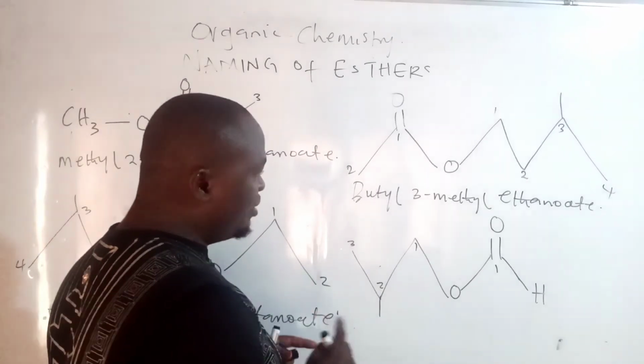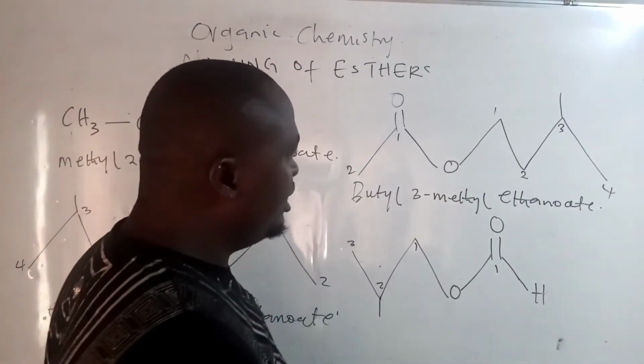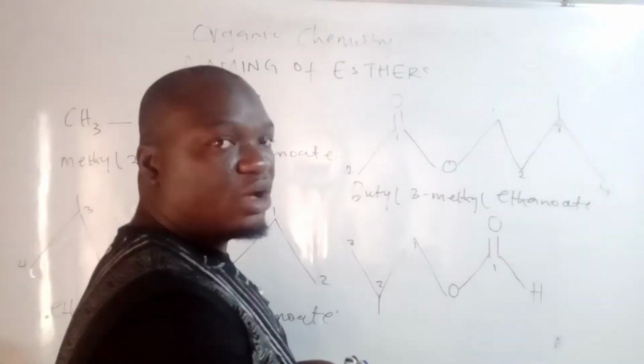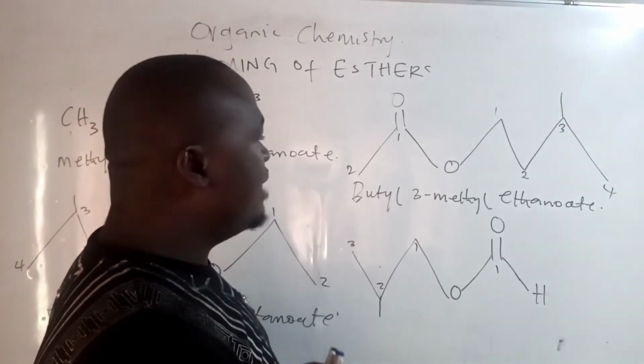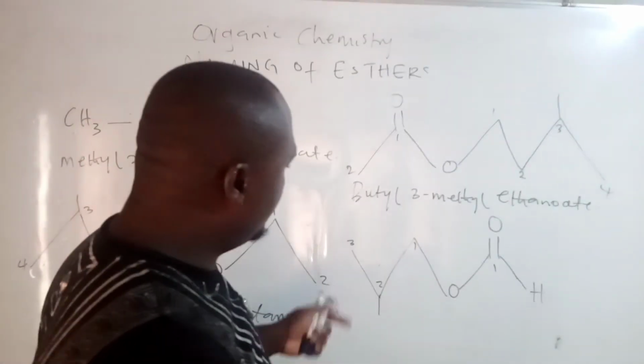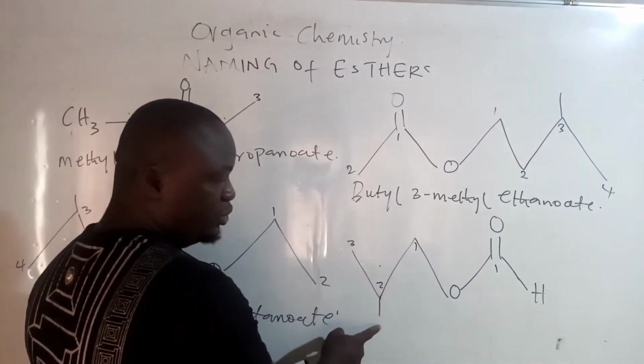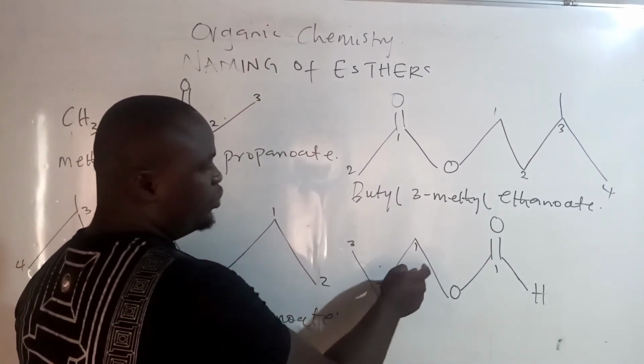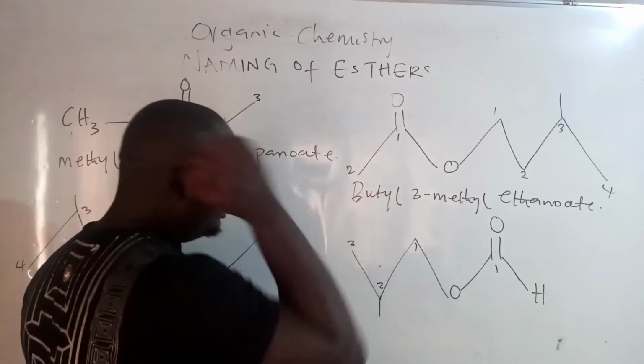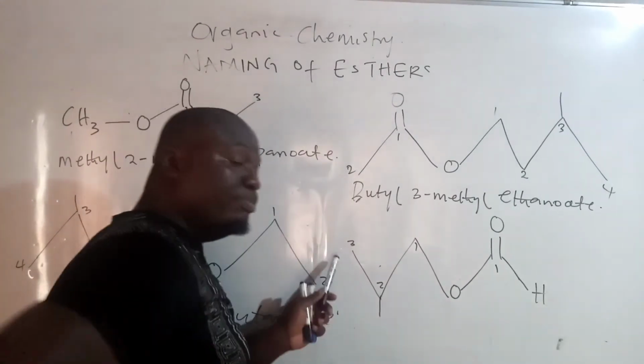Now, be very conversant. Remember I told you, when I was talking about naming of alcohols, that we name it alphabetically. Now, look, we have at 2 a methyl group, right? But the parent chain here is the propyl.